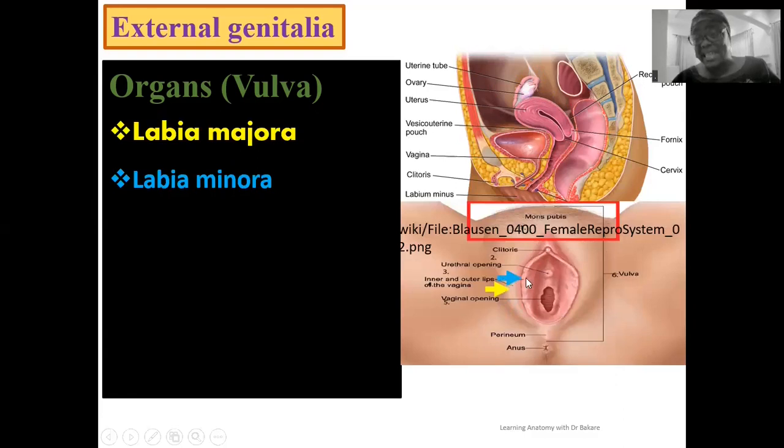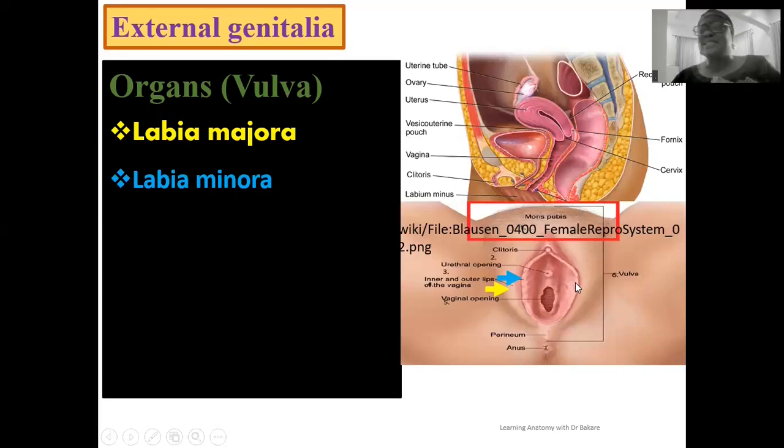This is the inner smaller lip, referred to as the labia minora. From the name, majora is bigger, minora is minor, which means it's smaller. So you have two lips, one on the outside, which is bigger, and another on the inside that is smaller. They are referred to as the labia majora and the labia minora, respectively.